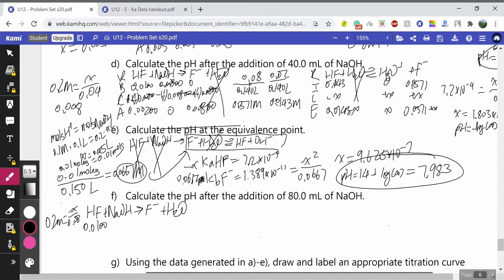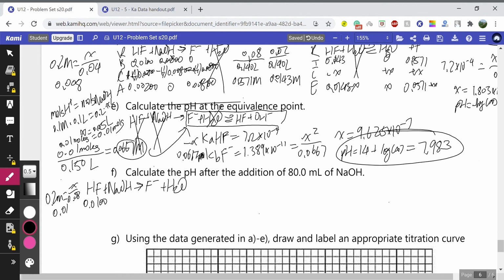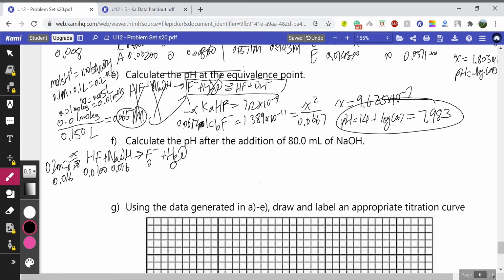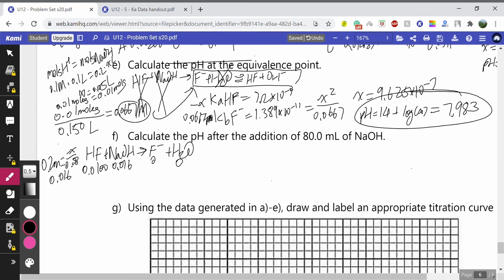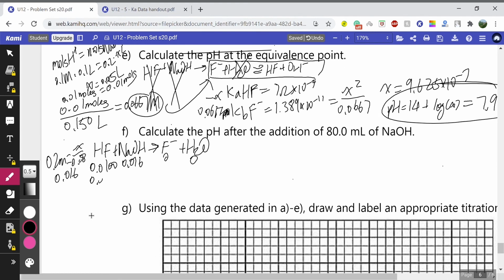So 0.2 times 0.08 is going to give you 0.016. It'll be 0 and 0. Now be careful this time. Which one is the limiting reactant? The limiting reactant now is the HF. So it's going to be 0.01 minus 0.01. It'll be plus 0.01. This will be crossed out, so this will be gone. This will be 0.006. This will be 0.01.